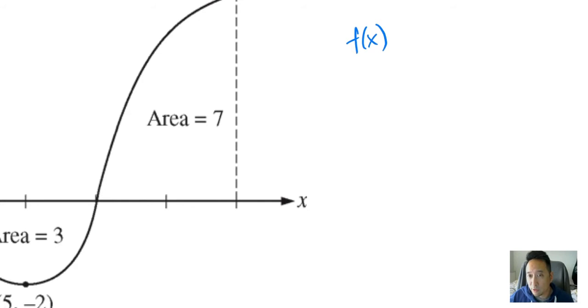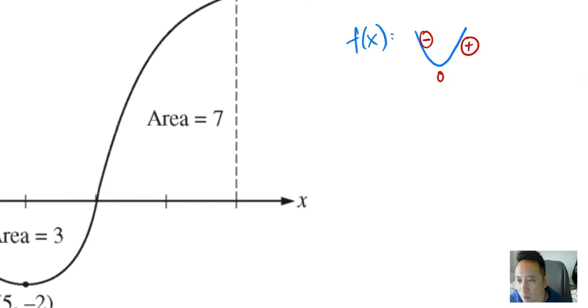If we're talking about a local minimum, on my f of x graph, it'll look like something like this. If I write out my slope for this minimum, you'll have a negative slope, then a zero slope, and then a positive slope.